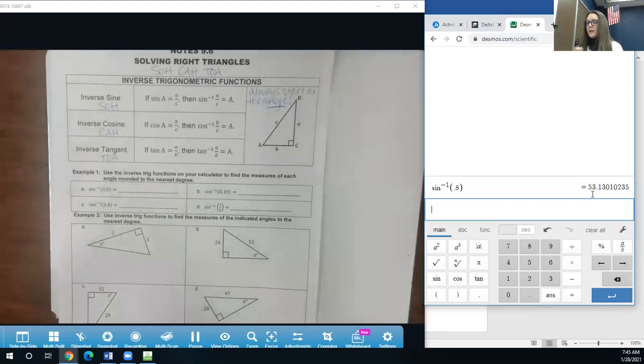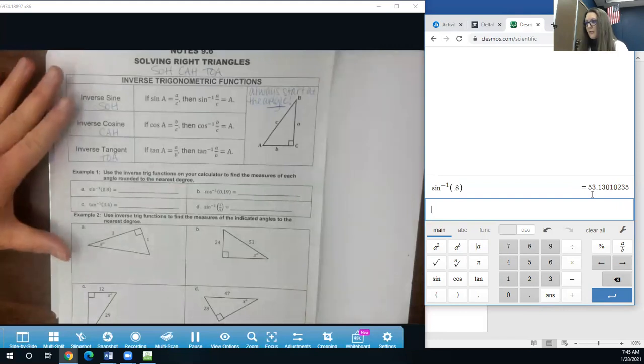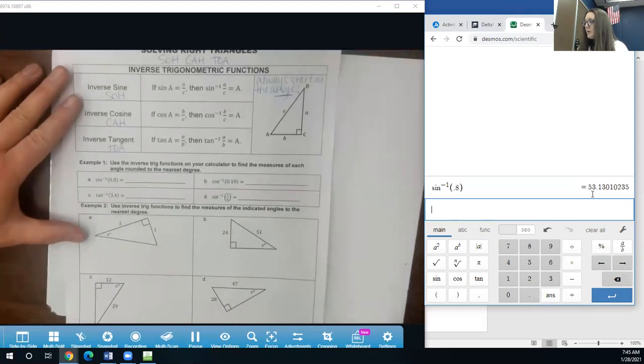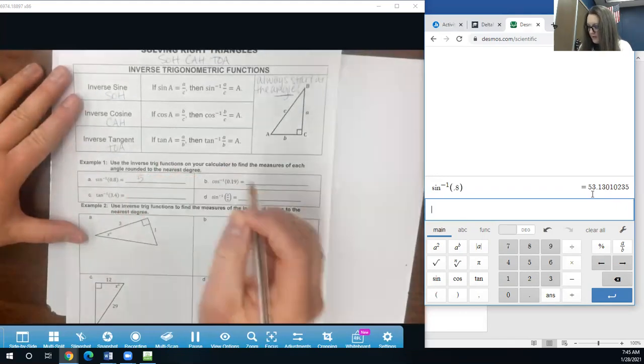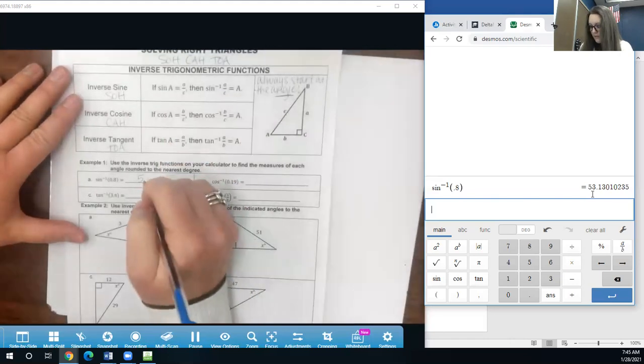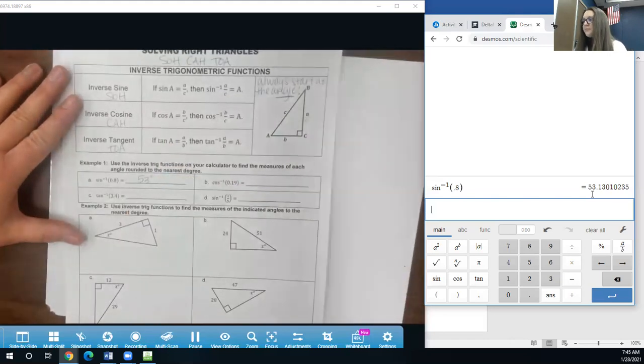So if you get something between 0 and 90, that's what you want. If you get something that's not between 0 and 90, you want to check your calculator functions again, okay? So here we go. It is 53.1, rounded to the nearest degree, 53 degrees.